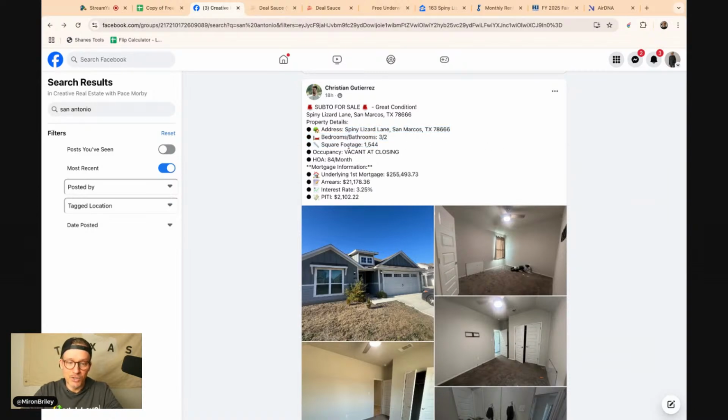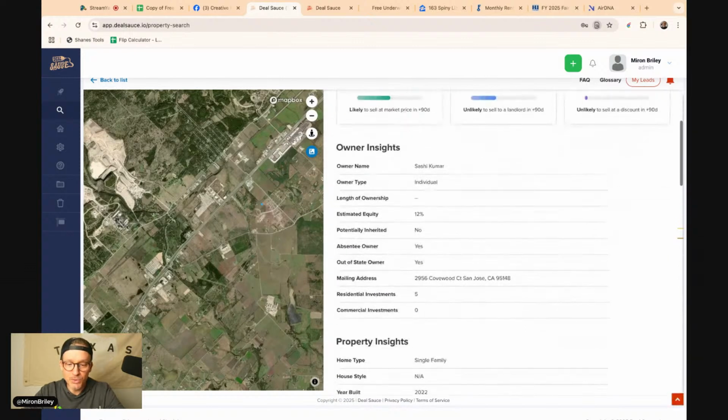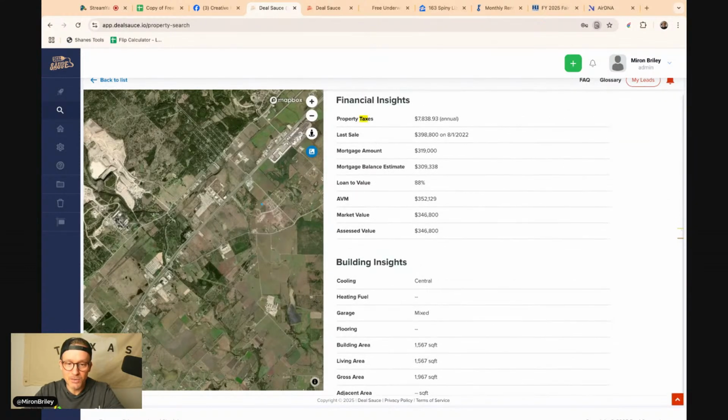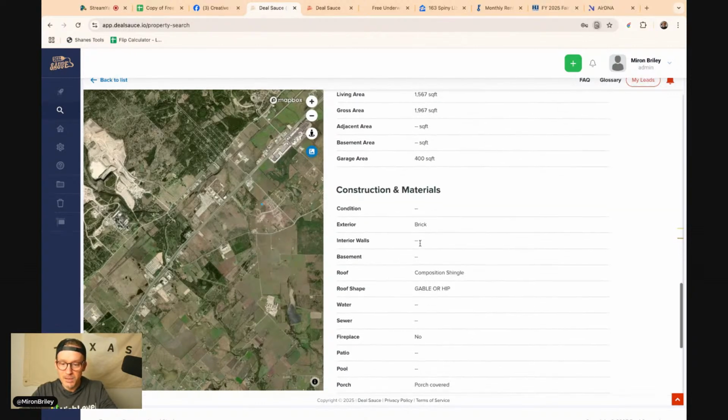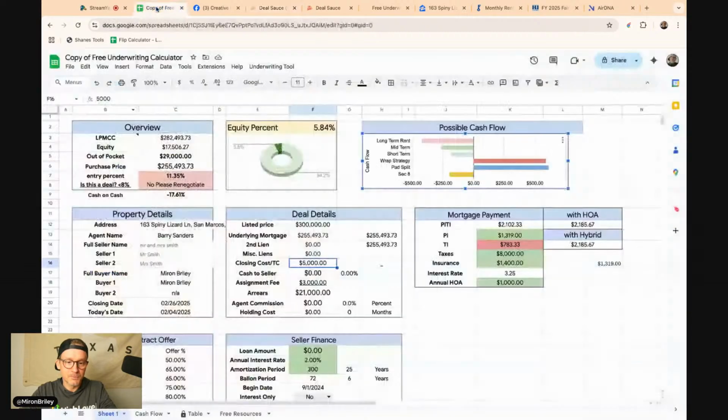If I was in Christian's shoes and they say, I'm not going to give you the mortgage statement, you're going to have to send me the offer, I would go look it up. I go down to the financial details and the mortgage amount is 309. I think the payment should be right here. Okay, the mortgage is right here, 309.